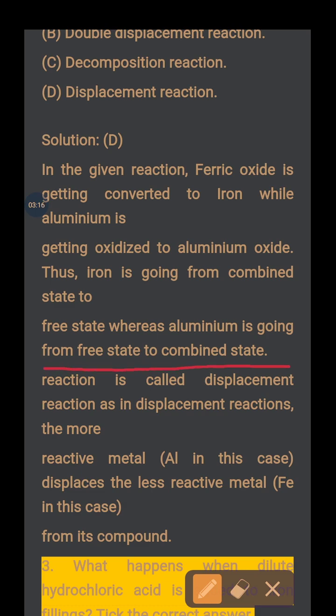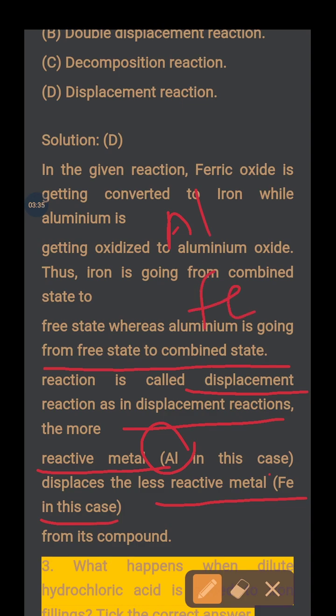Such a reaction is called displacement reaction. In a displacement reaction, the more reactive metal, according to the reactivity series, aluminium in this case, displaces the less reactive metal, iron, because aluminium stands above iron, from its compound.